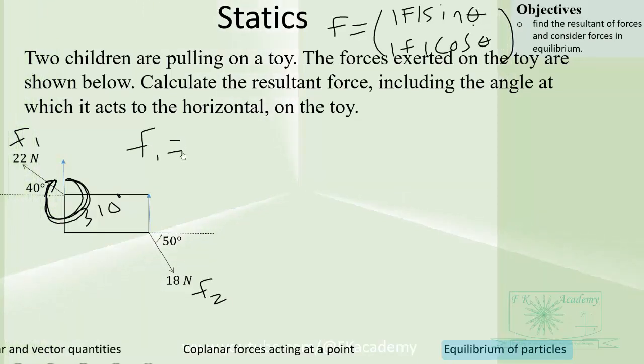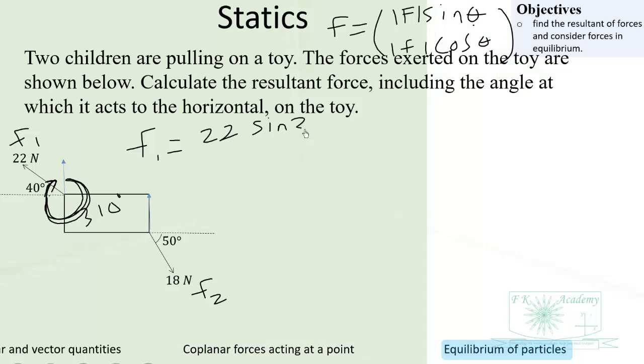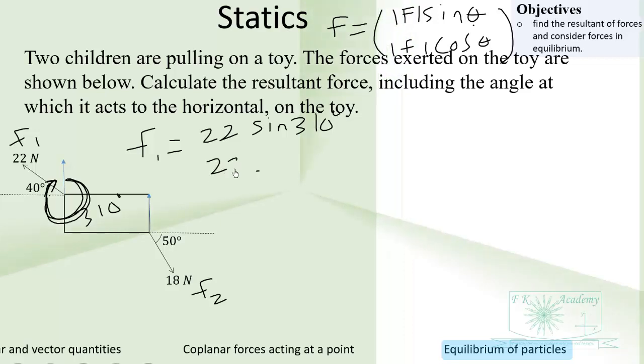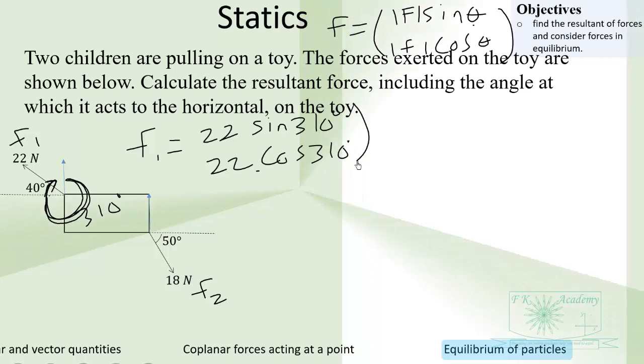So let's call this our first force F1 and call this one our second force F2. So F1 will be equal to 22, which is the magnitude of the force, sine 310 and then we have 22 cos 310. So we need to simplify this.